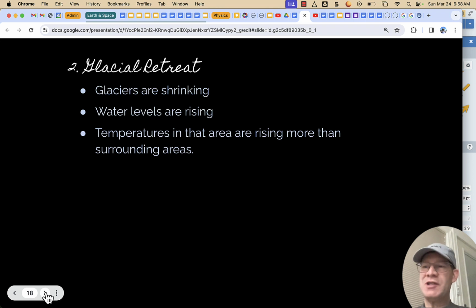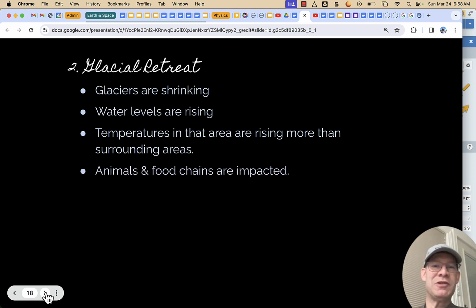Then temperatures in that area, so Glacier National Park in particular, are rising more than surrounding areas. And last but not least, animals and food chains are impacted.